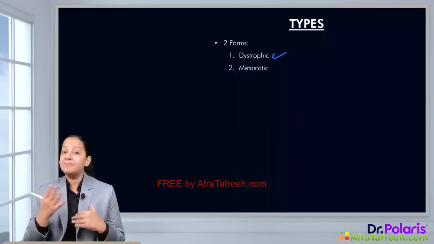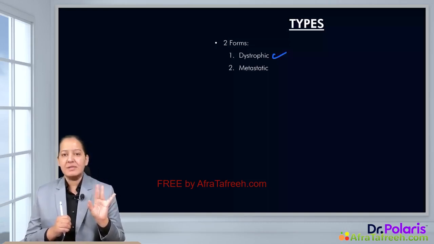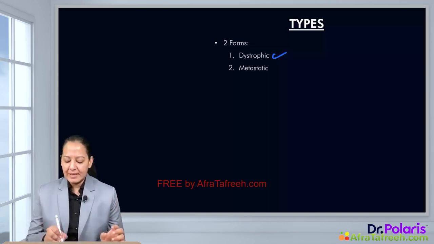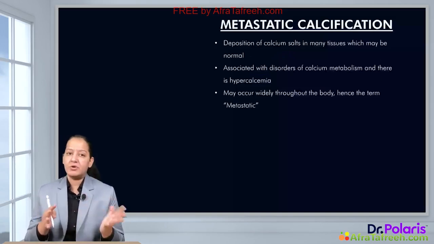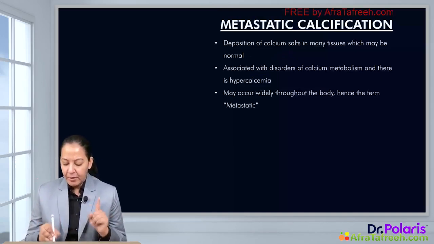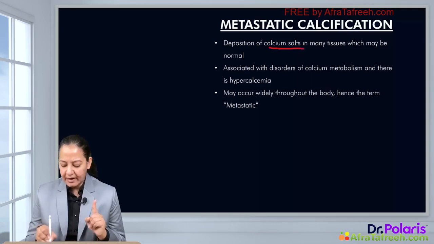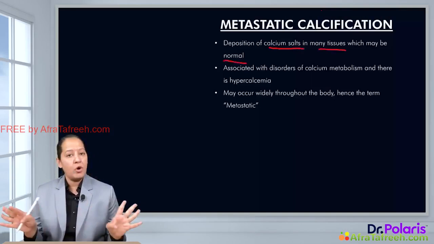Now let's start metastatic calcification. Again, I will tell you first the definition, then pathogenesis, then examples. We have already discussed the difference between dystrophic and metastatic. In metastatic calcification, deposition of calcium salt occurs in tissue which is normal, live and healthy. The tissue is not at all dead and degenerated.